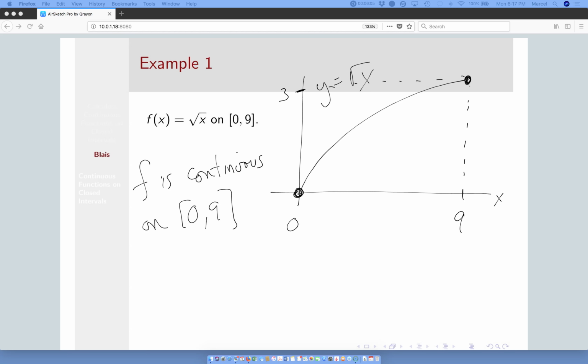Yeah, so we can be explicit that the limit as x goes to 9 from the left of root x is 3, which is also f of 9, which is root 9 or 3.